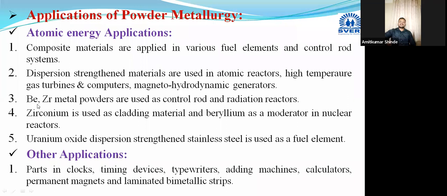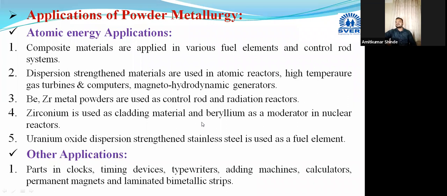And suppose beryllium zirconium metal powder is there. We can use this beryllium zirconium metal powder in control rods and radiation reactors. Then zirconium manufactured metal powder can be used as a cladding material. Cladding is very similar to coating, just a protective coating.